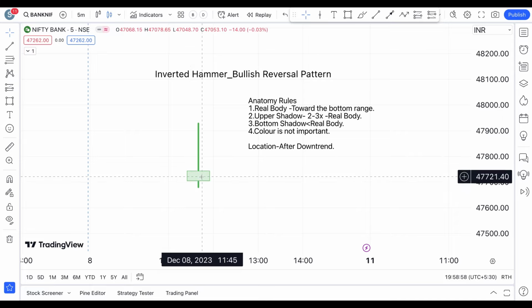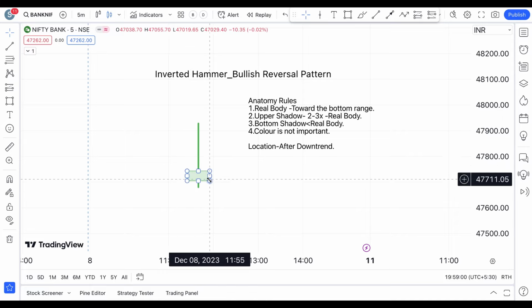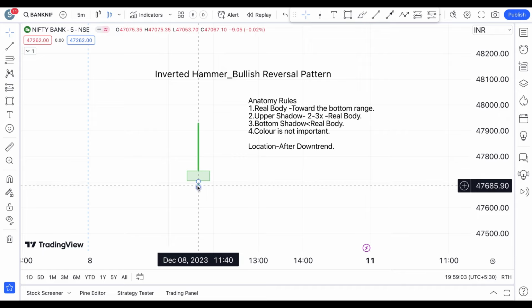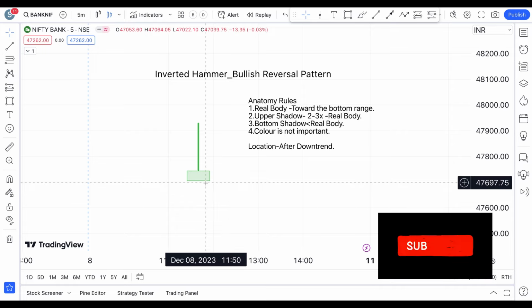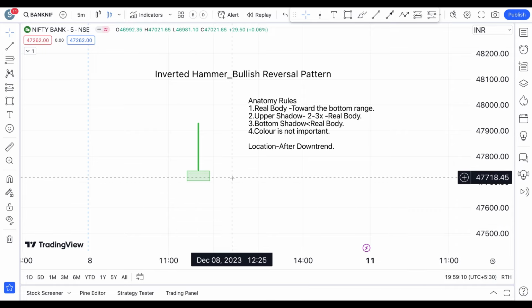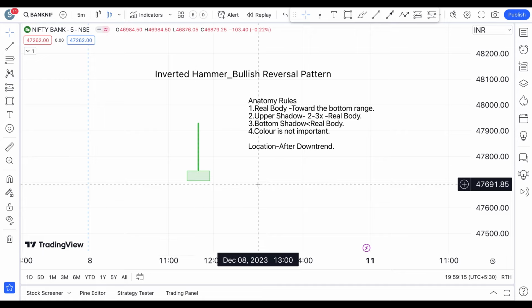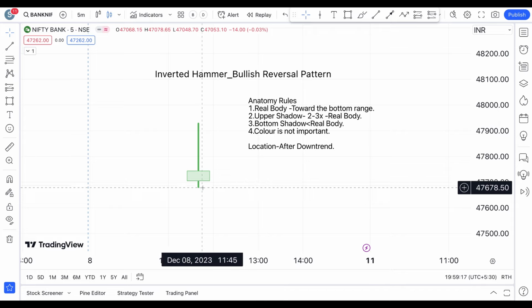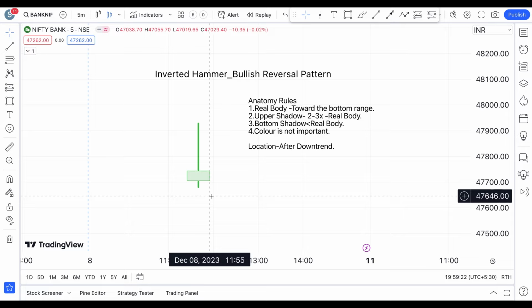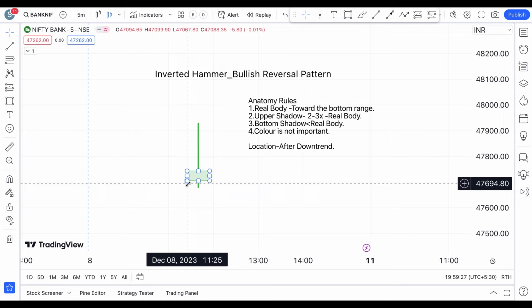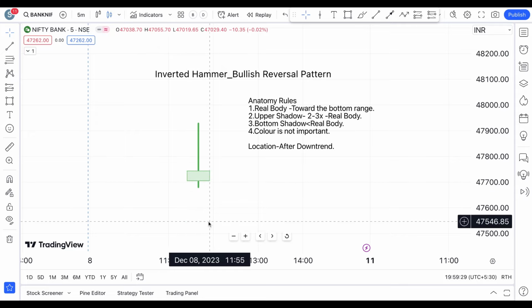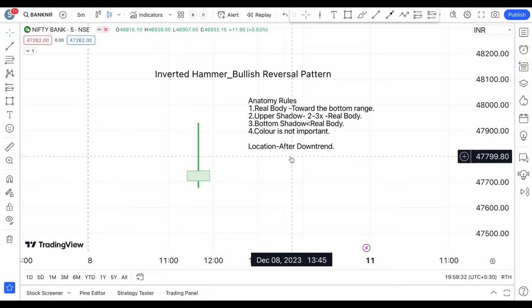At the bottom you can have a completely shaven bottom, meaning no bottom shadow or wick at all, or a very slight shadow towards the bottom which is less than the size of the real body. So these are the rules of the inverted hammer.